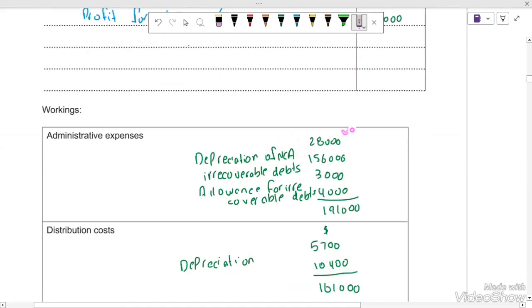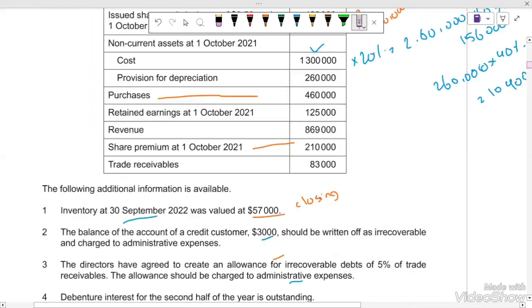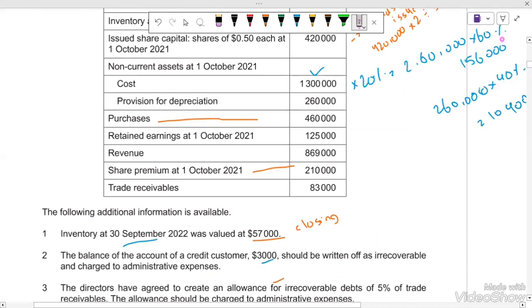Administration expenses were $28,000 and depreciation of non-current assets was 156,000. I just calculated this depreciation: 60% for the administration expenses and 40% for the distribution cost.